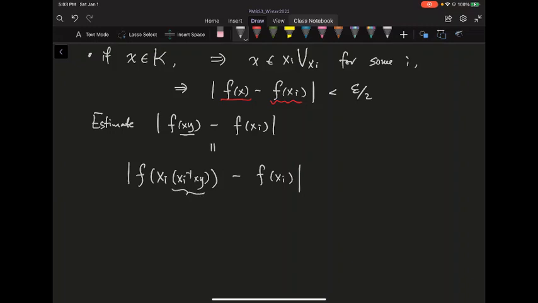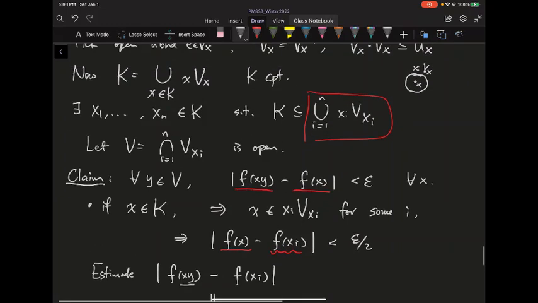If you look at this xi inverse xy, you can break it up as xi inverse times x, multiplied by y. On the first component, you know x is inside xi times v of xi, so this one is inside v of xi. And the second part, y is inside v, but v is a subset of v of xi, so this is again inside v of xi.